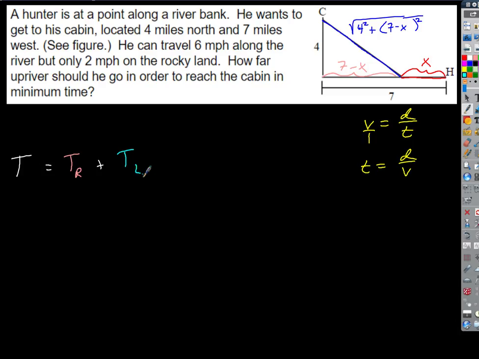Everybody agree? The time along the river is distance along the river divided by speed. The speed along the river is 6 miles per hour, so this one becomes x over 6. What does the other one become?